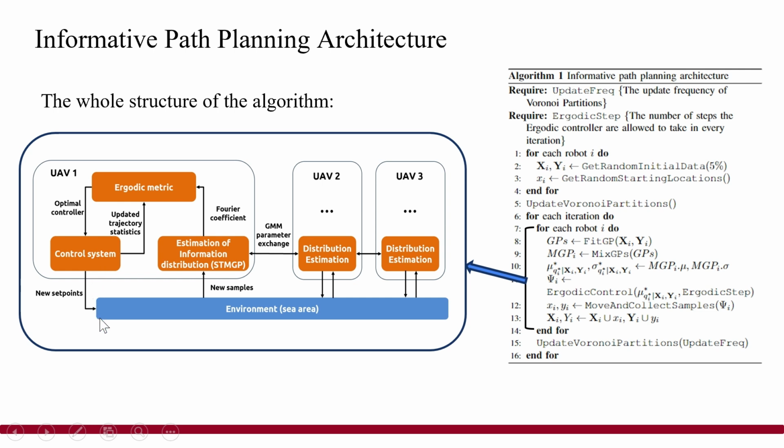After the robot follows its path and collects samples, they will decide if they need to update their zones, or vulnerable cells, according to their current position, based on the frequency we set for updating these vulnerable cells. Then, in the next round, we will use these new samples with our mixture GP to get a new estimation of the information distribution, and then we will do it all over again.